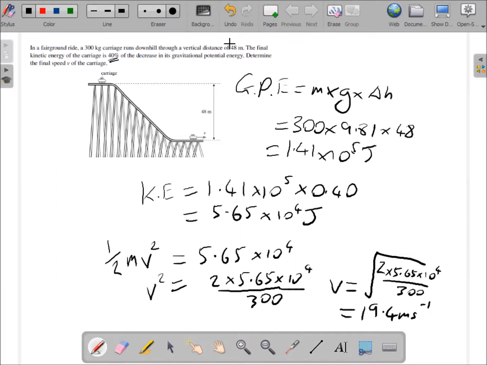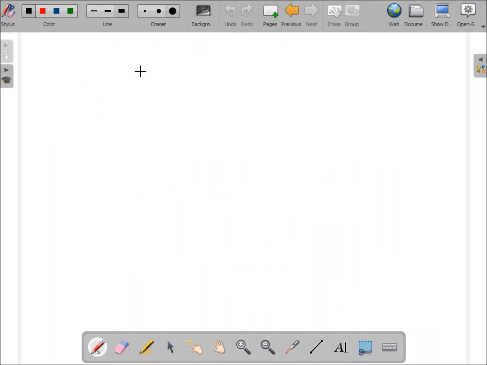Now, there was another way we could do this question using symbols, just keeping the symbols without putting them into numbers, which makes it a bit more elegant. By doing that, we could just equate at the very beginning mg change in h is equal to 40%, 0.4 of the half mv squared.